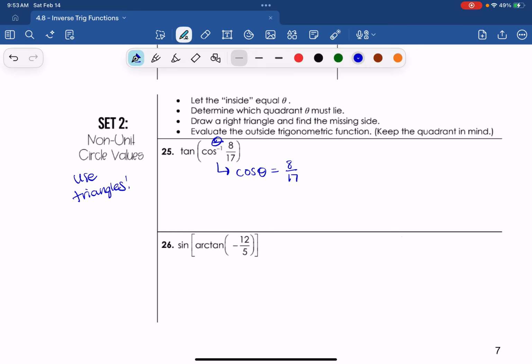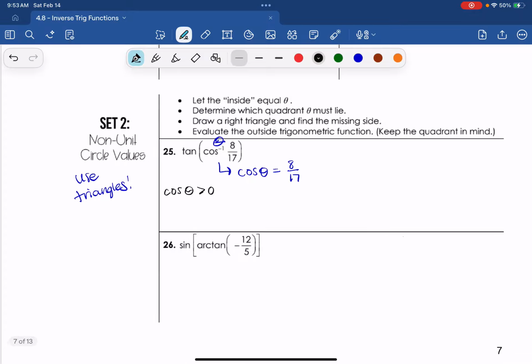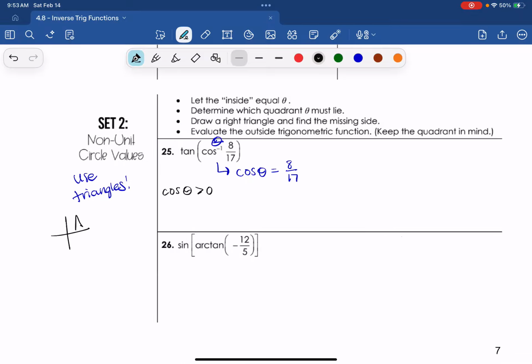All right, so now we need to figure out what quadrant this mystery angle has to be in. There's two things we have to consider. We know that cosine here is 8 over 17, a positive number, so cosine of theta is positive. From our knowledge of trig, all students calculus, cosine is positive in quadrants 1 and 4. But there's also another condition here.